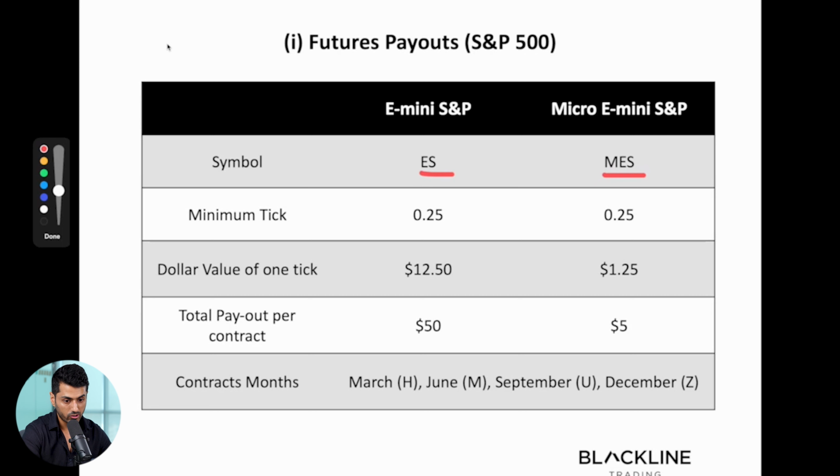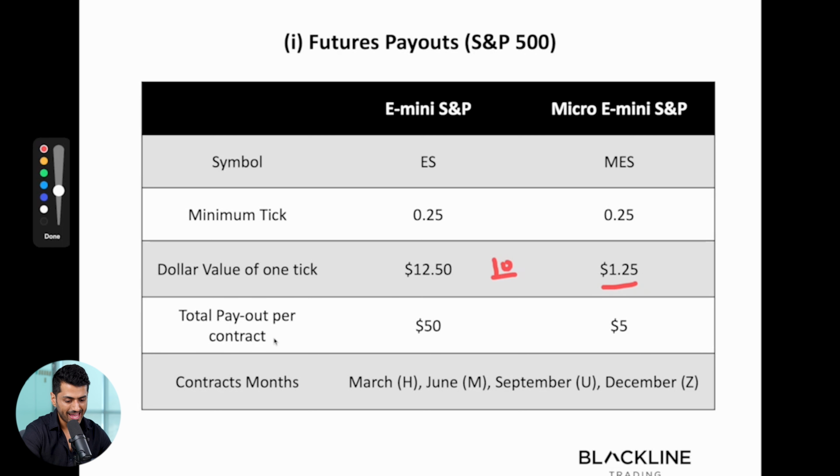So when you write MES in your platform, the micro contract for S&P mini should pop up. The minimum tick value is 25 cents for both of the products, which means that 1 point has 4 ticks in it, right? 25-cent increment in price. The dollar value of 1 tick for E-mini will be $12.50, for E-micro will be $1.25. So the multiplier in here is 10.